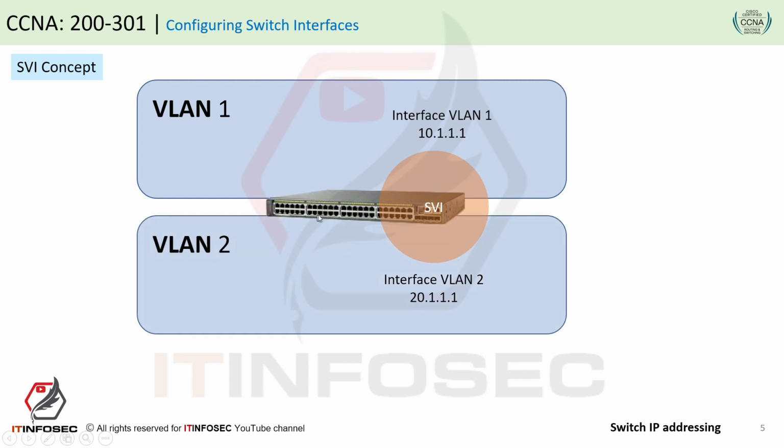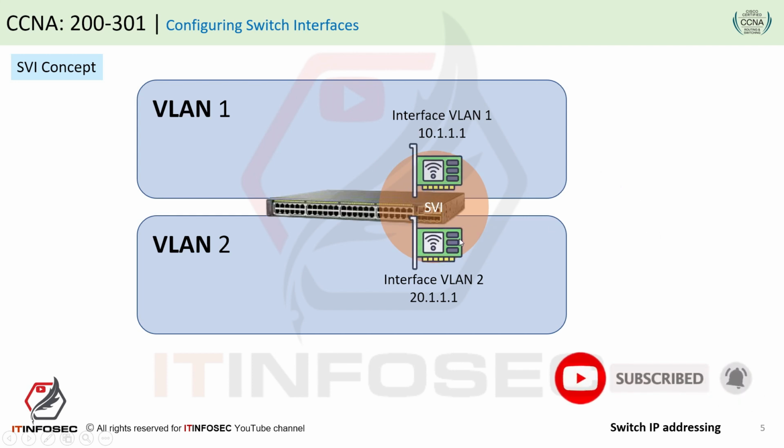When VLANs are assigned on the switch, we can put some computers in each VLAN by assigning the switch ports to the favorite VLAN. For example, on this 48 port switch, I can assign 12 ports into VLAN 1 and 12 ports into VLAN 2, and connect computers to the related VLANs.